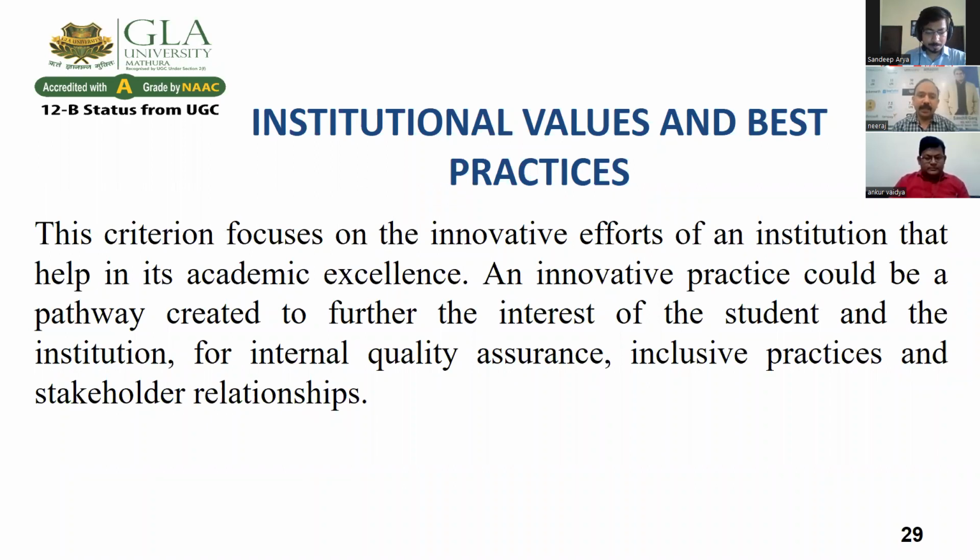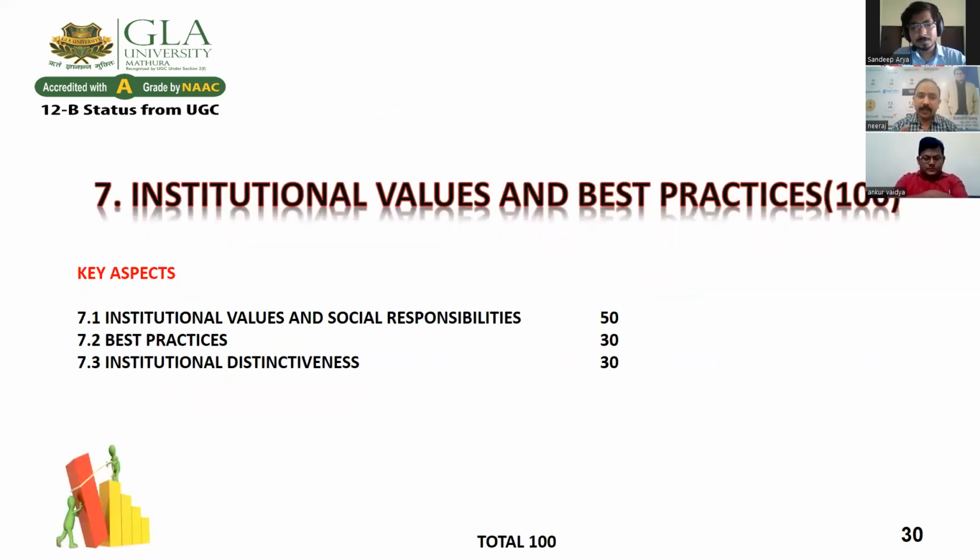This criteria focuses on the innovative efforts of an institution that help in its academic excellence, and innovative practice should be a pathway created to further the interest of the student and the institution for internal quality assurance, inclusive practice and stakeholder relationship. This criteria has 3 key aspects, 7.1, 7.2 and 7.3.